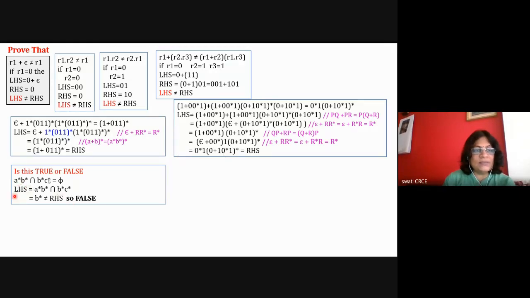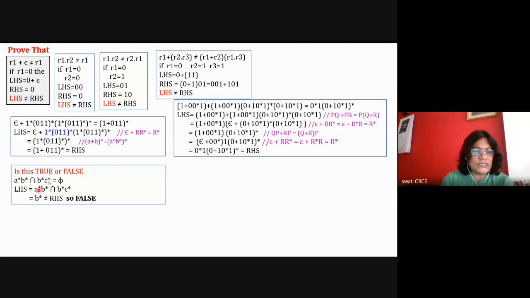Now here there is an intersection part. A star B star intersection B star C star is equal to the empty set, that we have to prove. So A star B star intersection B star C star: what do you mean by intersection? Whatever is common in both the sets of strings.